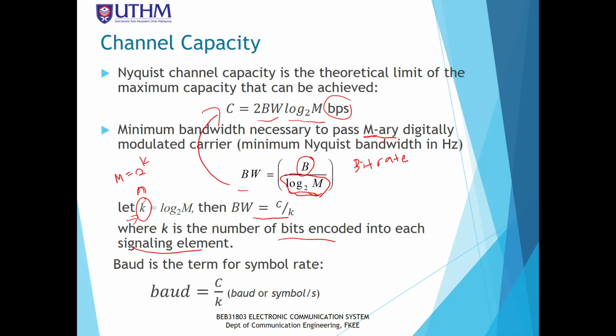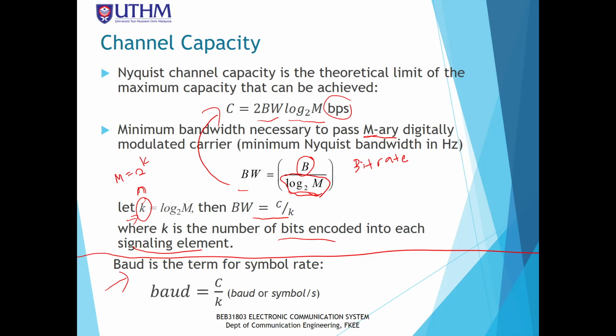Okay, so and then we have another parameter what we call as a baud. So ni jangan confuse. Another parameter is what they call as a baud. Okay, so baud is equal to C over k, iaitu dipanggil juga sebagai symbol rate.